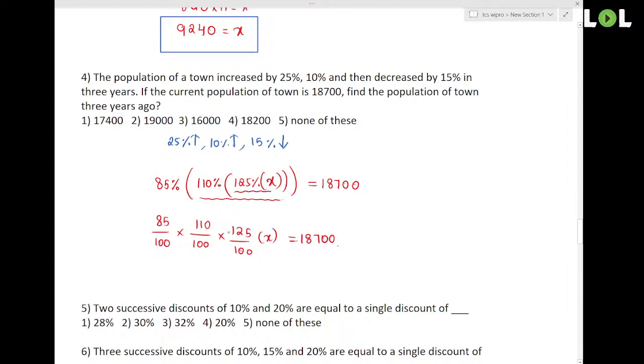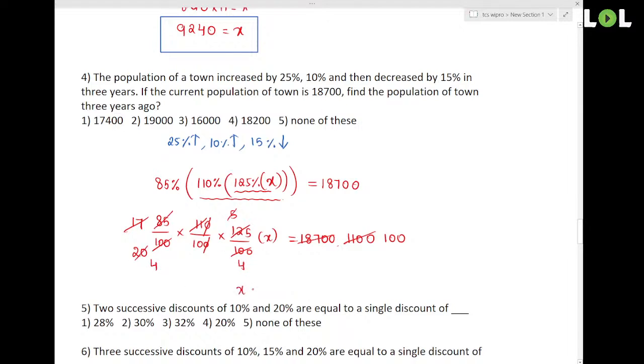Rest is the cancellation part, guys. So I can cancel 0 and 0 here. This is 5 into 17, and this is 5 into 20. 17 into 11 is 187 and double zero. 11 into 100 is 1100. 25 into 5, 25 into 4. 5 into 1, 5 into 4.